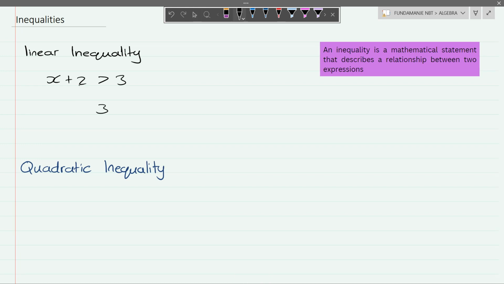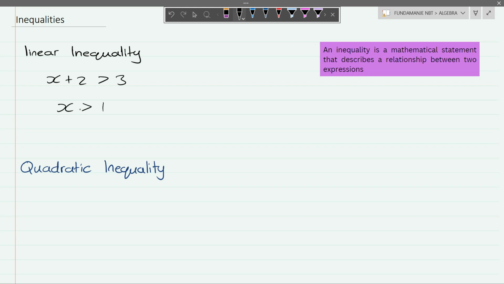If we try substituting 0 for x, we would have 0 plus 2, which would give us 2. And 2 is less than 3, which would not be true. So when we solve inequalities, we use the same methods that we use when solving for equations. We simply subtract 2 on both sides to get that x should be greater than 1.